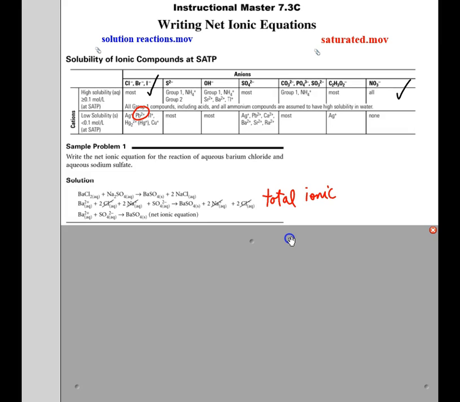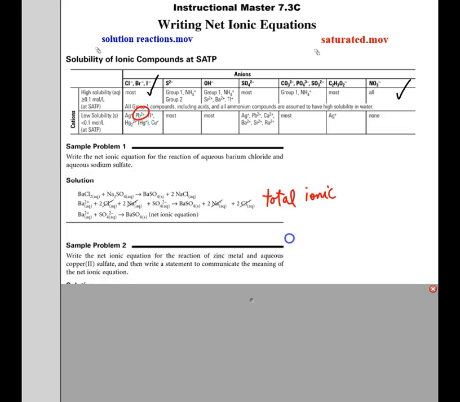Therefore, we remove them in the final equation, which is called the net or overall ionic equation. This is a really simple process, and it just helps us to isolate which reactants in particular are involved in the formation of this ionic precipitate. So in that case, barium sulfate would be the product from the combination of barium 2+ and sulfate.